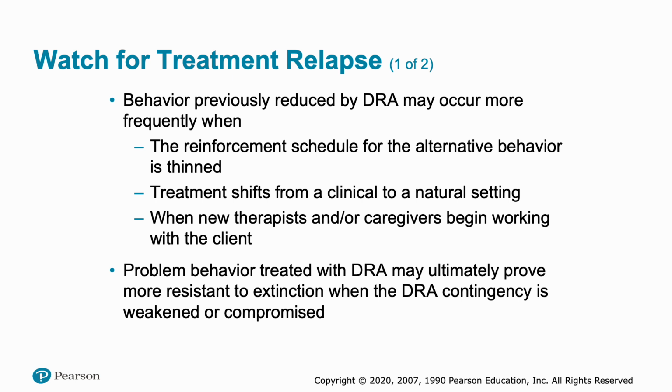Because by placing that problem behavior on an intermittent schedule of reinforcement, it's going to become established in their repertoire, and it's going to weaken or compromise your DRA contingency. We don't want that. It's going to make it more resistant to extinction. We prefer for people to be as consistent as possible with implementation, and for that behavior to not contact reinforcement whenever possible, if you are using DRA with extinction.